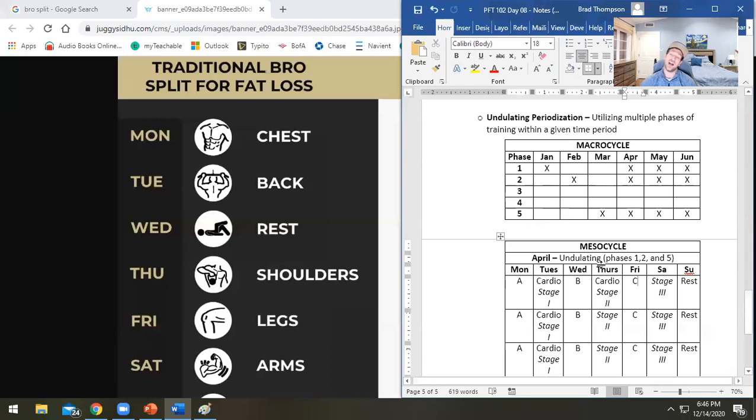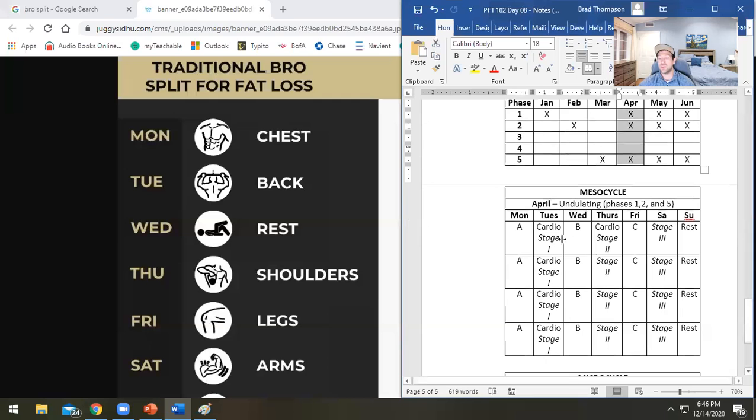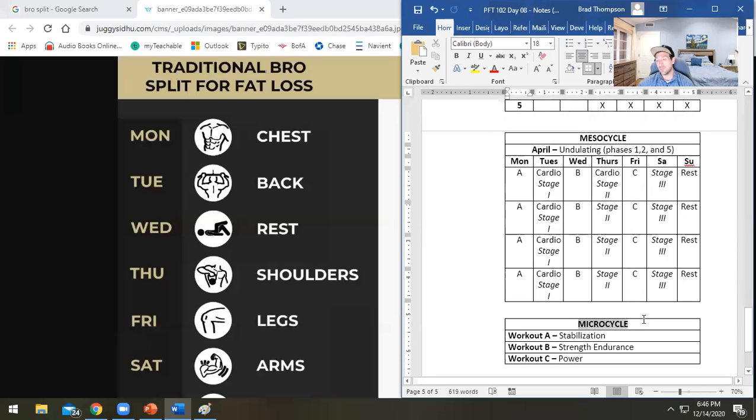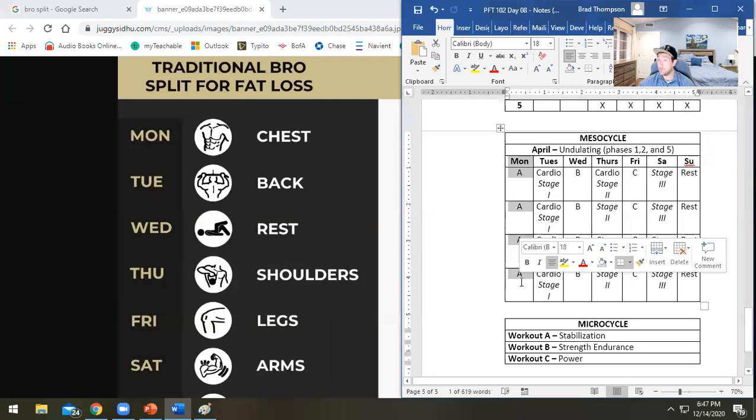You'll notice we're looking at our mesocycle here. This is an undulating routine. I've got this labeled as April, so this is our first month here. If you take a look down here at our microcycle, workout A is a stabilization routine, so they're always going to do stabilization on Monday.